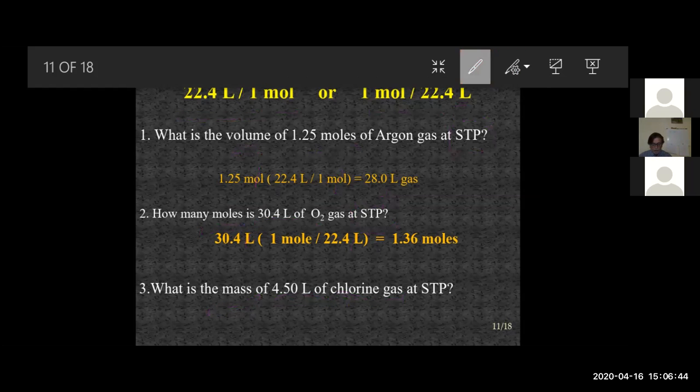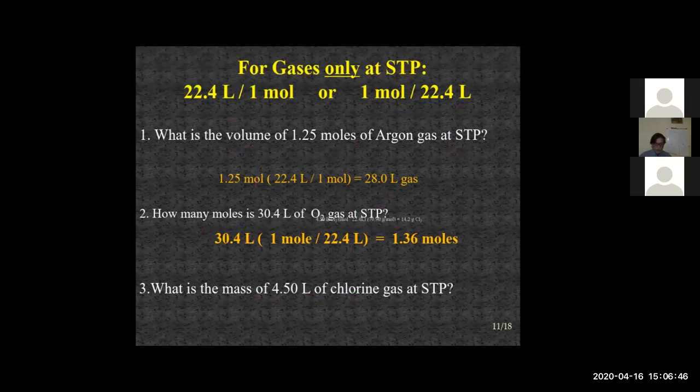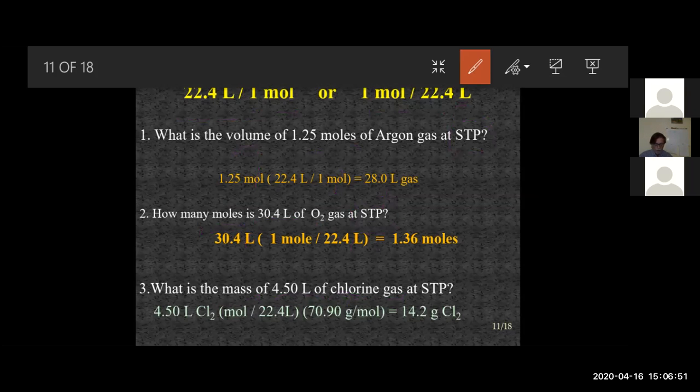Okay, and so set the problem up, and we need 2 factors. We're at STP, and what that does is allow us to go from liters of chlorine gas to moles of chlorine gas.